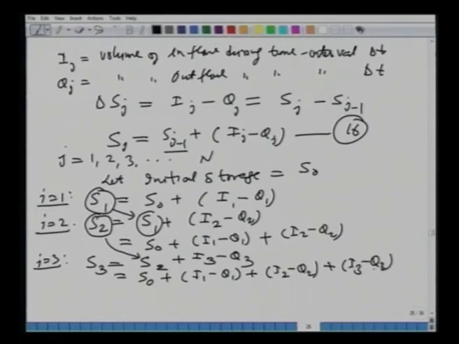So, you see that there is a pattern here, and once we recognize a pattern, we can just capture it. In general, at any jth time step, your Sj is going to be equal to S0 plus the summation, varying from i equal to 1 to j, of Ii minus Qi.